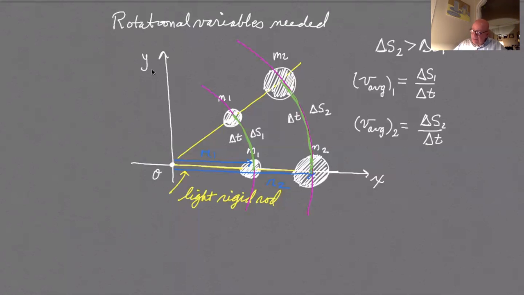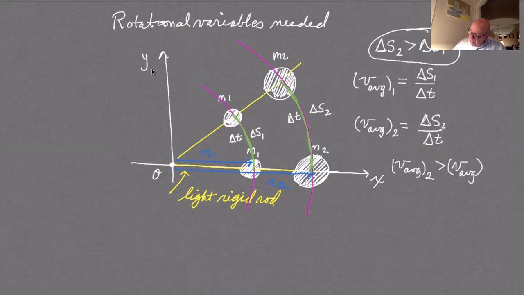And you'll notice that the times here are the same, but since delta S2 is greater than delta S1, then we know that V average 2 is going to be greater than V average 1.